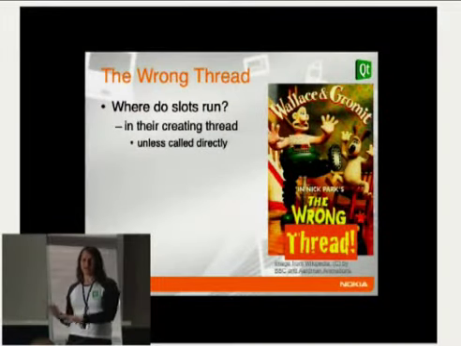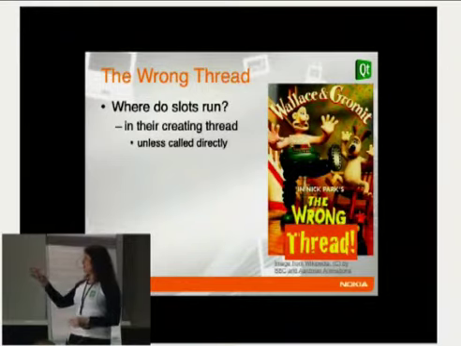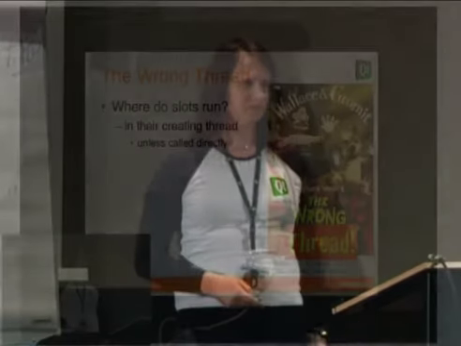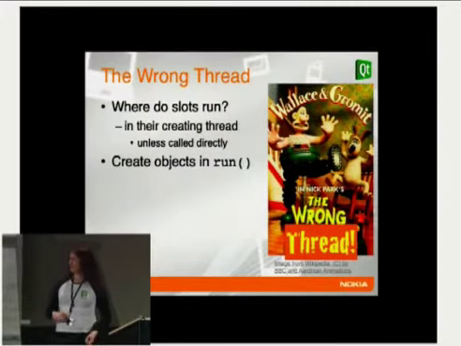If you're writing a threaded application, I suggest don't just get hold of a pointer to the object and call that slot directly. Use your signals and slots, and then you can be fairly sure that they're going to get executed in the correct thread. And the reason that's important is because often your slot is going to alter data on the actual object. So here's the recipe I use.